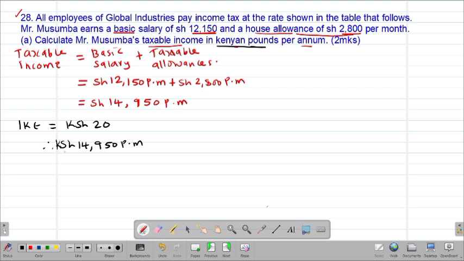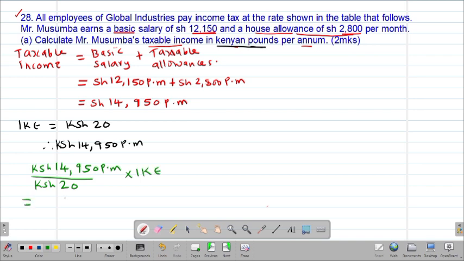To convert into pounds, we take the Kenya shillings, 14,950 paid per month, divide by 20 Kenya shillings, then multiply by 1 Kenyan pound.